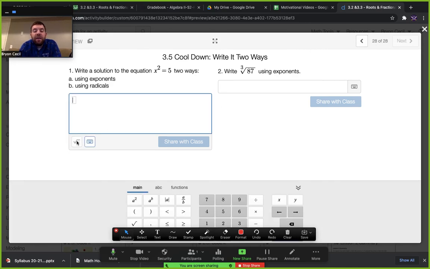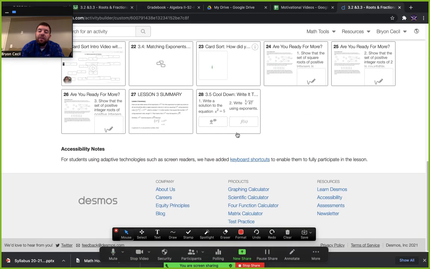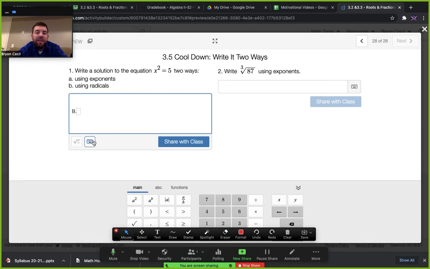Well, we'll do a first. Actually, I like to do b first. So when I do that, you're going to have a positive square root of 5 and a negative square root of 5.